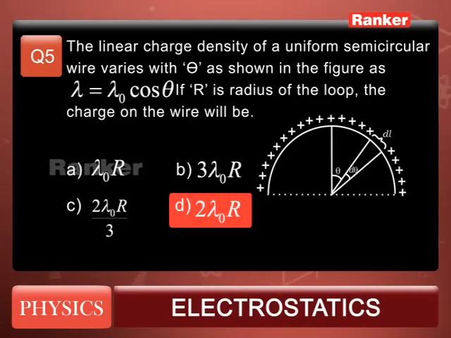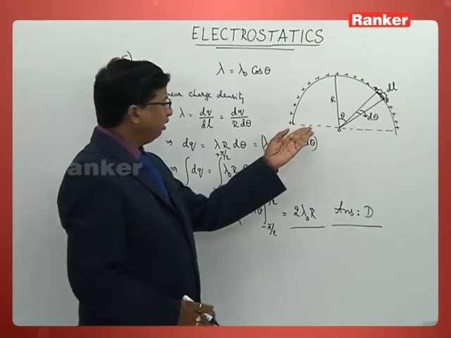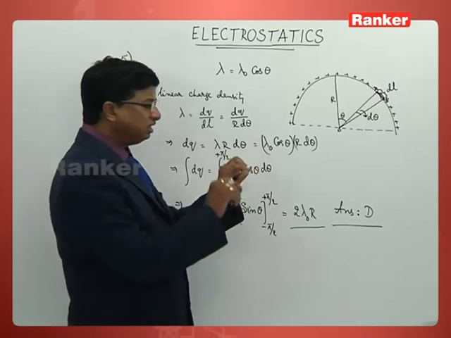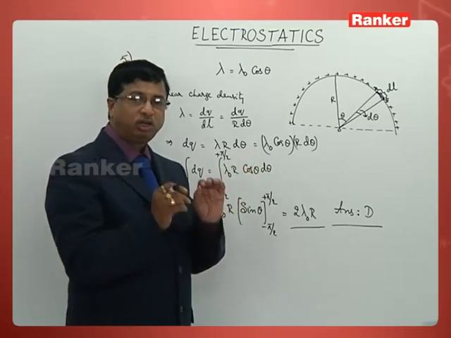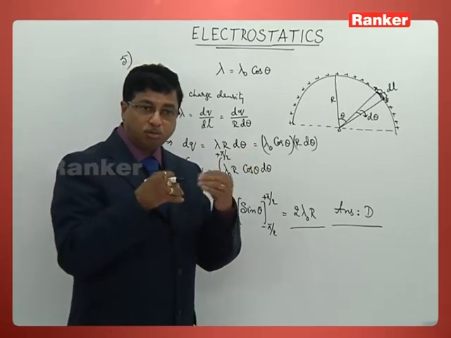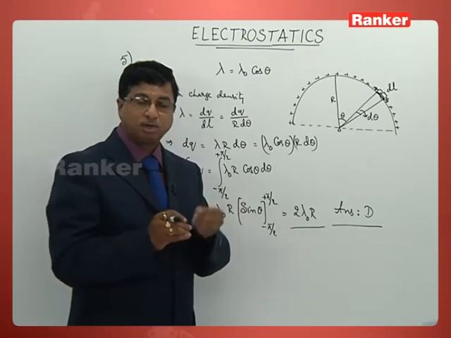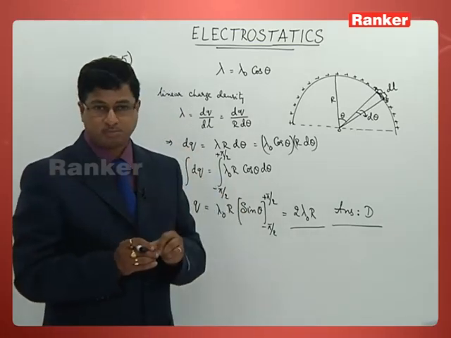So the correct answer for this particular problem is going to be D according to the given options. The only thing you should understand here is, since it is a wire, that too it has got uniform distribution of charge because of its perfect shape.